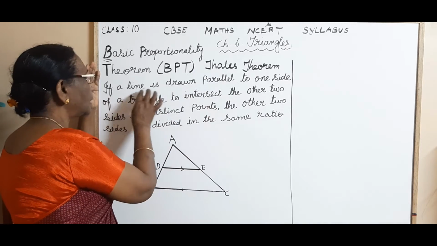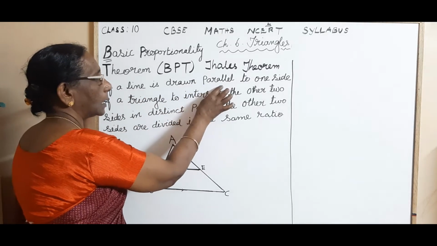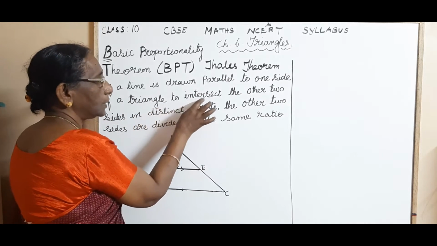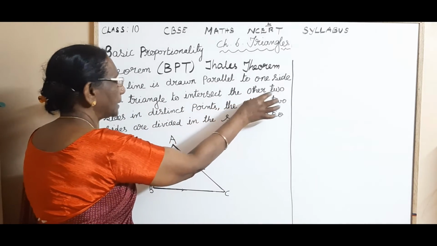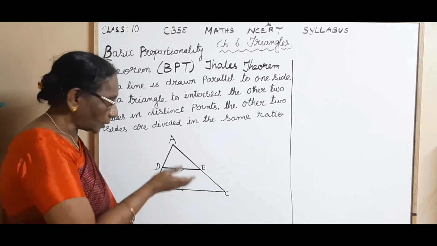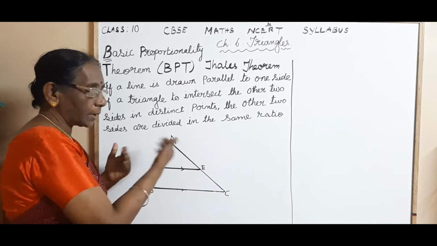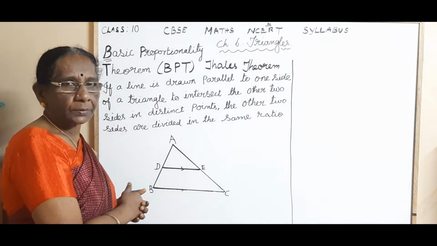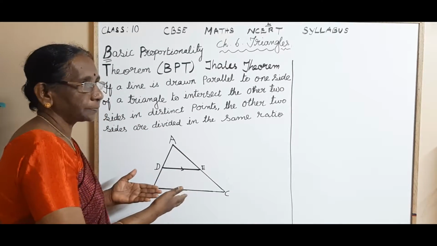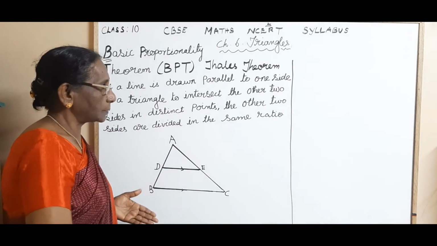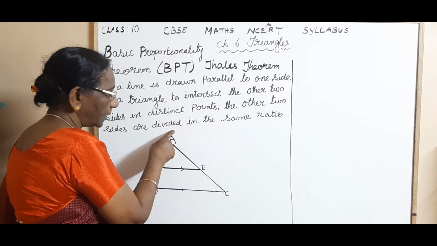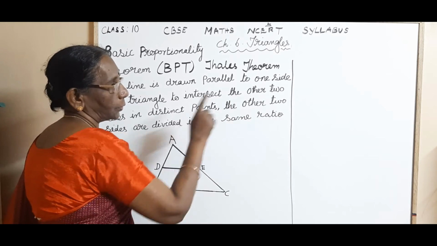If a line is drawn parallel to one side of a triangle to intersect the other two sides in distinct points, distinct means different points. You understood? So this is given. If it is drawn like that, what happens? The other two sides are divided in the same ratio.